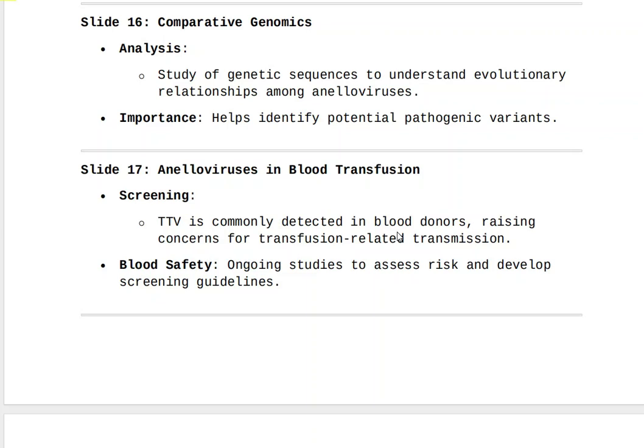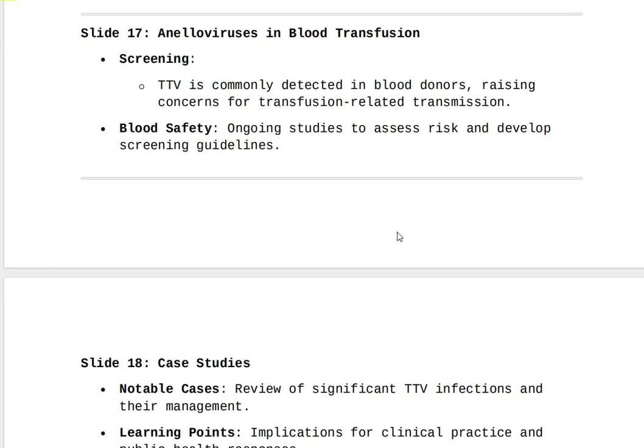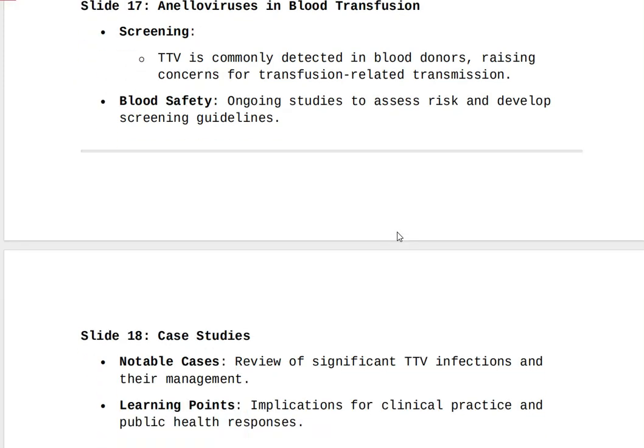Importance: this helps identify the potential pathogenic variants present among the viruses. In blood transfusion, another implication: this is also found in blood donors. Since it is not being actively screened, there is a chance that it may be transmitted by blood.